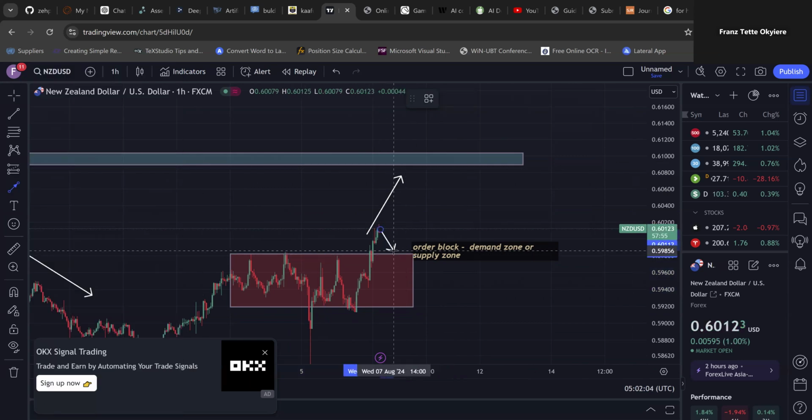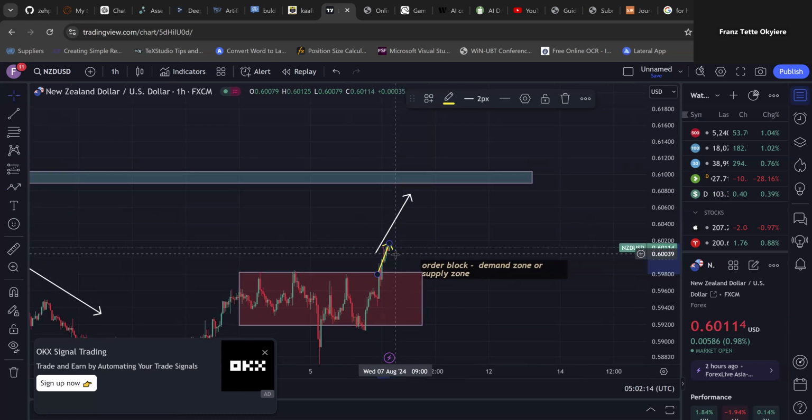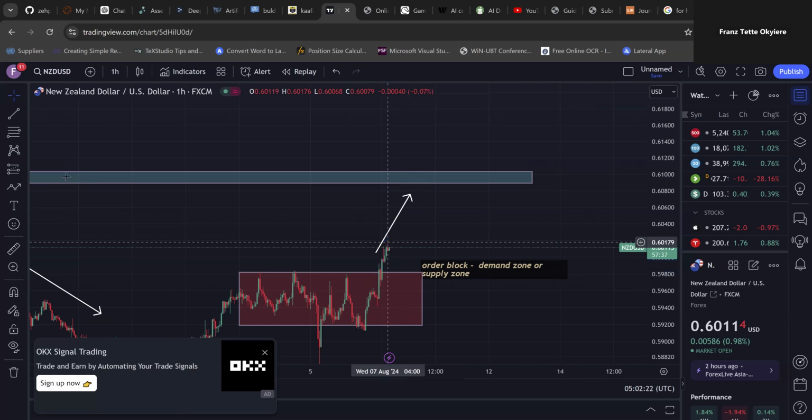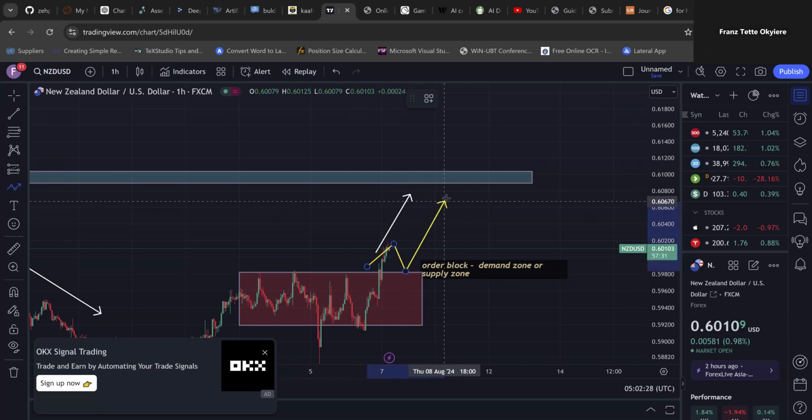It comes down, and then let me use a better symbol here. Okay, so use a power symbol. It goes up, comes back and retests. Oh, that's not working. Let me draw it again.